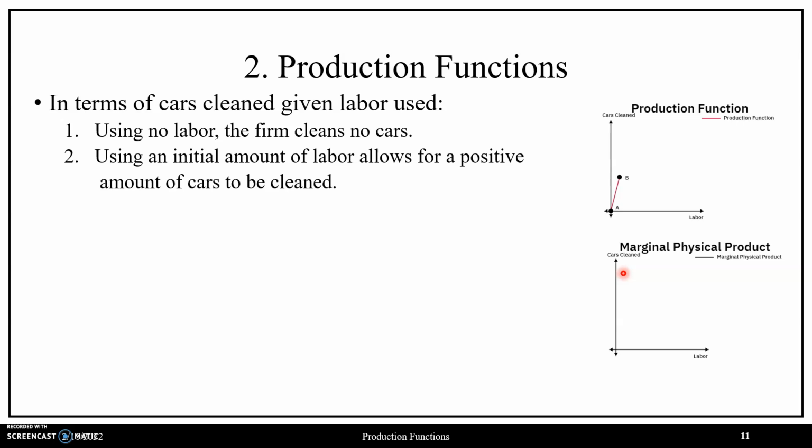So then this generates a positive point on our marginal physical product, in which we have point B, positive quantity of labor, and a positive quantity of cars that's being cleaned as a result.